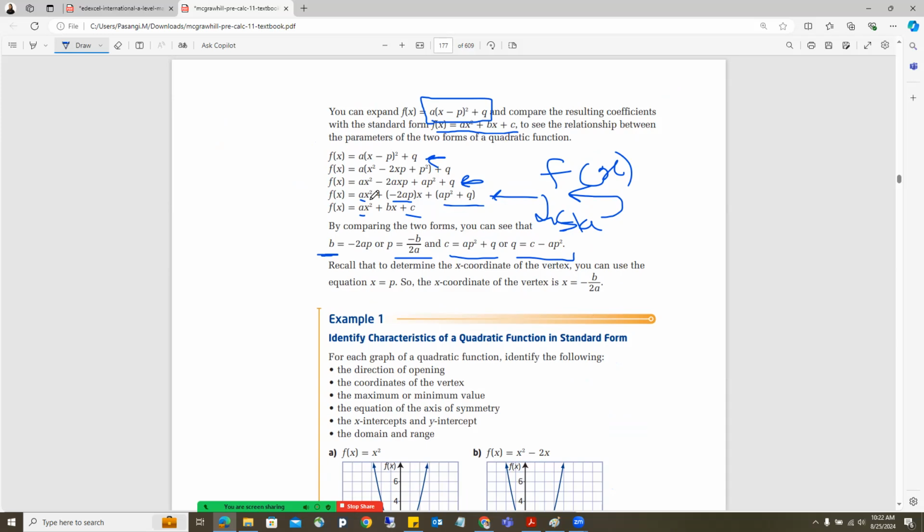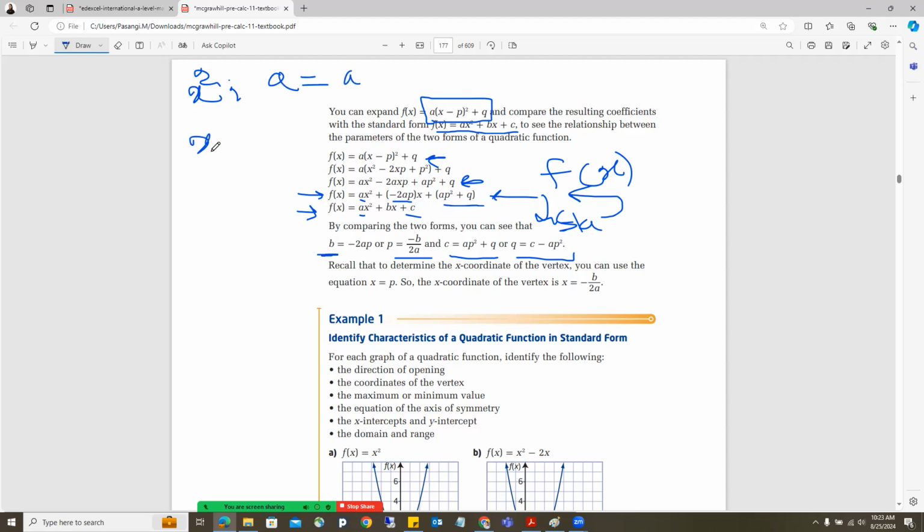Here we have the x squared terms. If these two are representing the same function, then these two functions should be equal, which means the coefficient of the x squared term should be equal. If we compare the x squared terms, then a equals a.